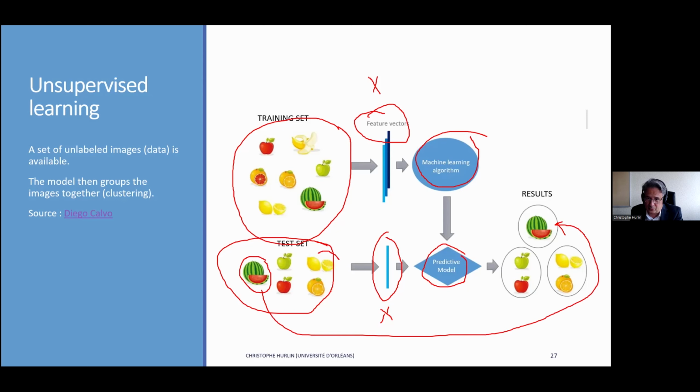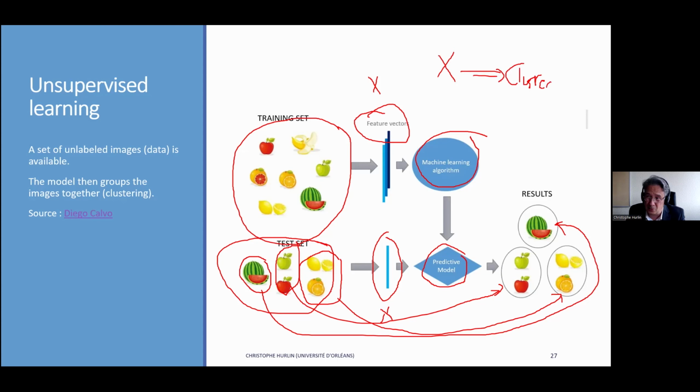These two individuals will be assigned to this cluster, and these two images will be assigned to the third cluster. So in that sense, the unsupervised learning algorithm produces a kind of model that relates the features to a group that depends on X.